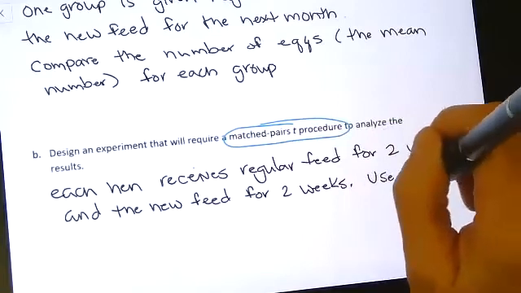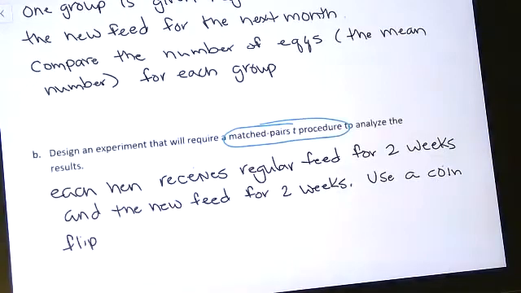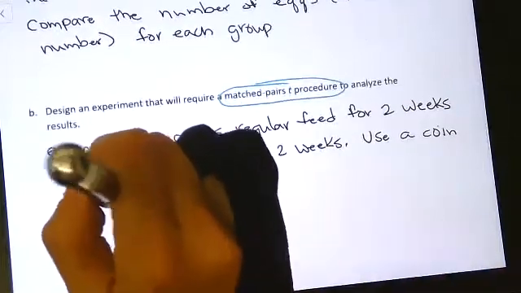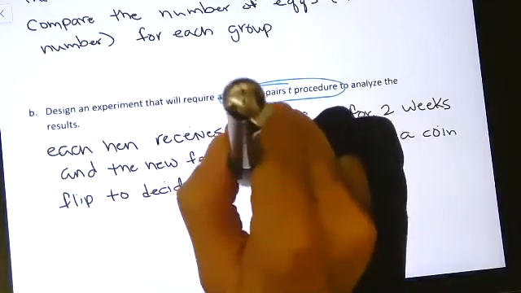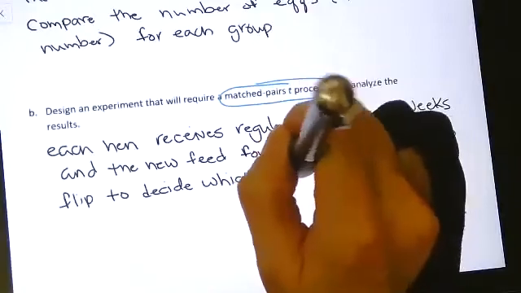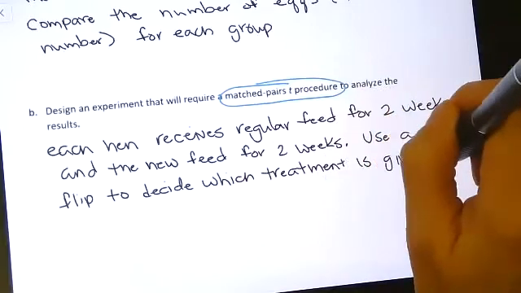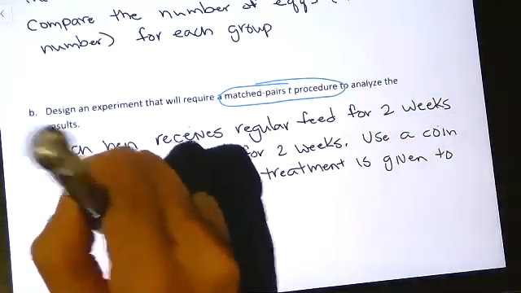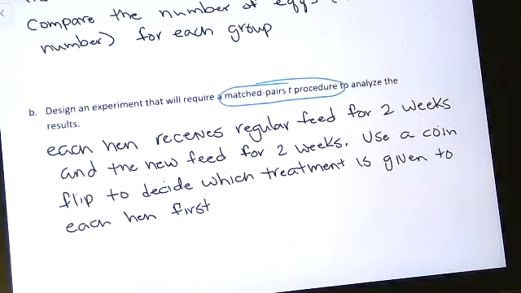Use a coin flip, or any other kind of randomization procedure, but we've got to decide, are you going to get the regular feed first or the new feed first? Use a coin flip to decide which treatment is given to each hen first. So you've got hen number 1, you flip a coin. If it's heads, you give them the regular feed first, and if it's tails, you give them the additive first. So you do that for each hen.